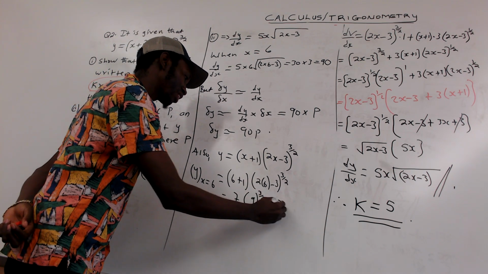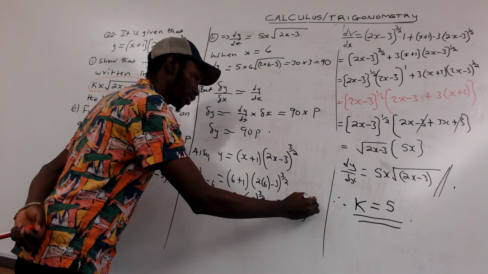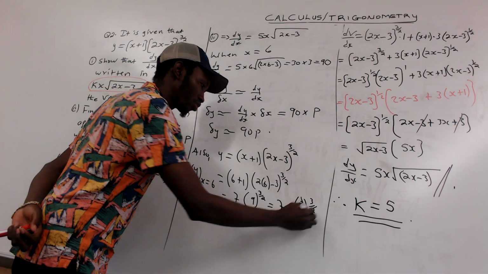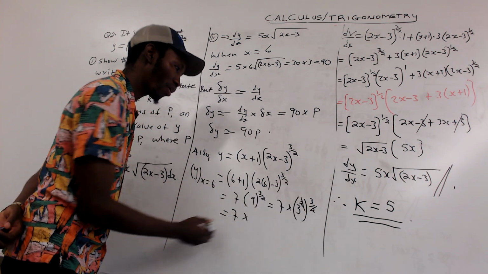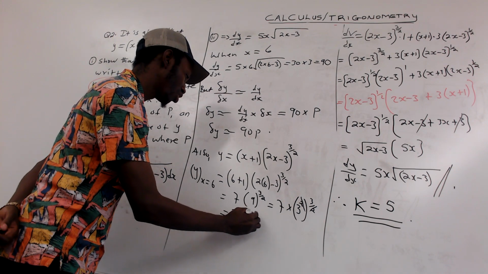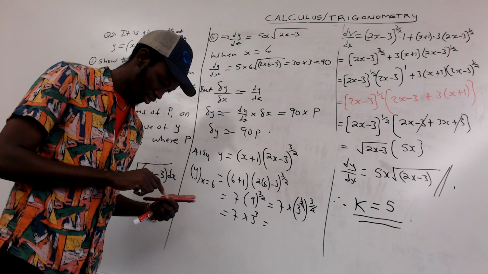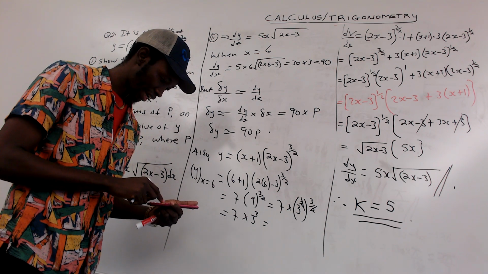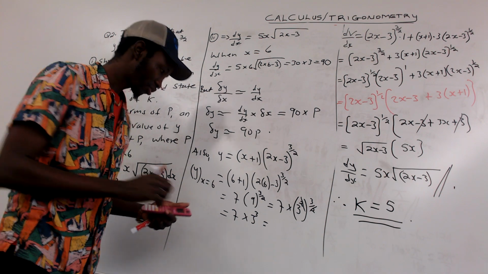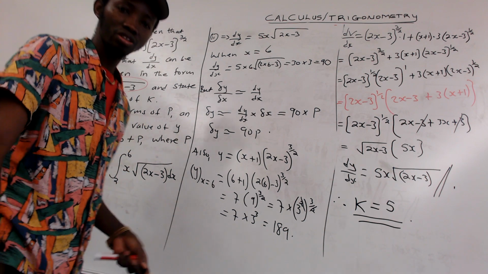This can be written as 7 times 9, which is 3 squared, all raised to the power 3 over 2. So this power will cancel this power, and this will be 7 times 3 raised to the power 3. 3 cubed is 27, times 7, we have 189.